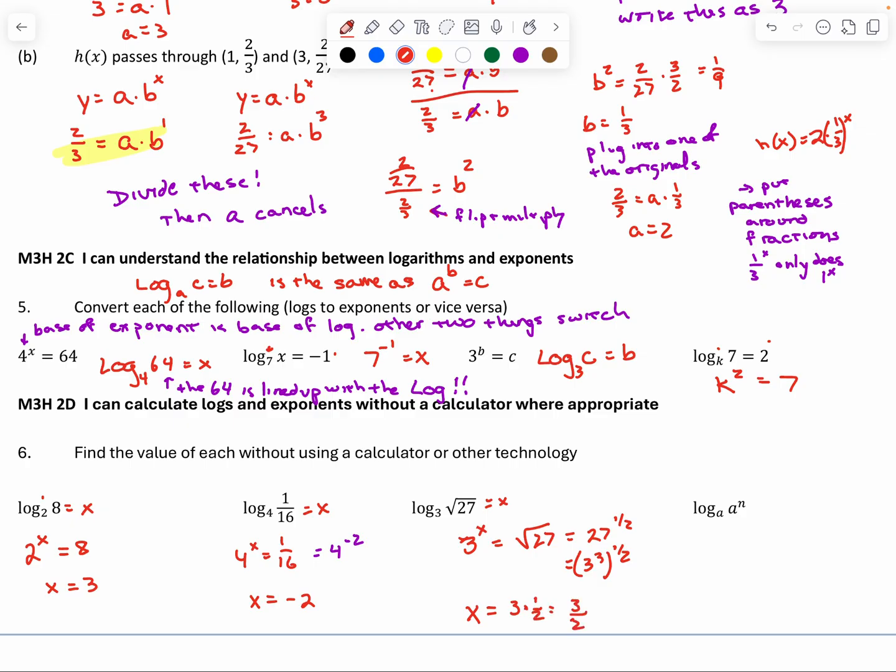Okay. This one's the easiest of all. So this is one of the basic rules. The base and the number inside will cancel each other out. So notice that that's the log of an exponent. Logs and exponents are designed to cancel each other out.